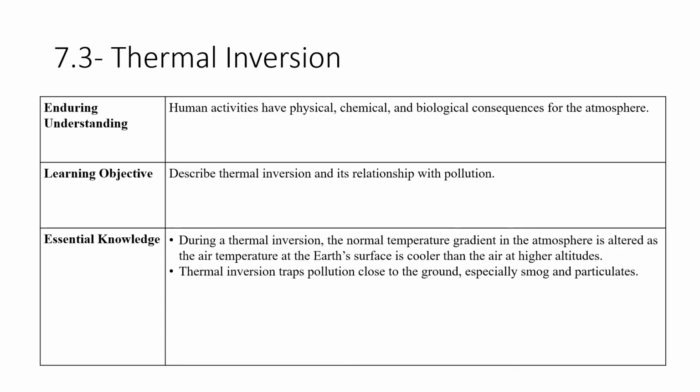Usually the temperature decreases as you go up in the atmosphere, in the troposphere. But a thermal inversion is when temperature is actually increasing as you go up in the atmosphere, and it traps all the pollution in one place.